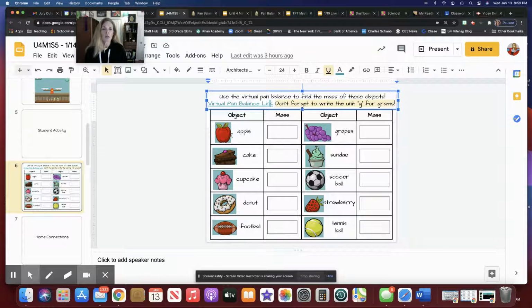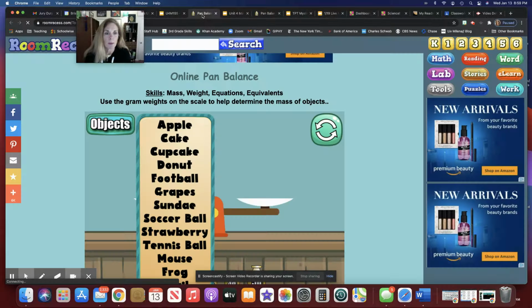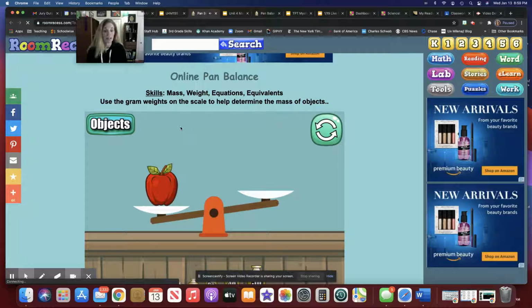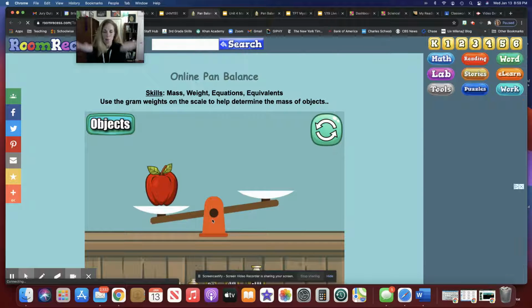So the first thing that you're supposed to figure out the mass of is an apple. So you're going to go to the pan balance, and you're going to click on the word apple. And the apple is going to go on one side of your pan balance. Now on this pan balance, this little black spot in the middle of the balance will light up when you've got an equal amount of mass on both sides.